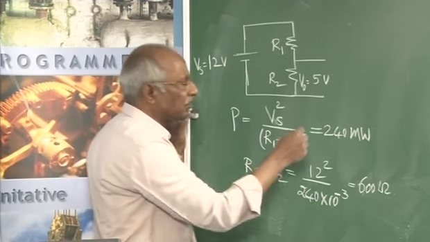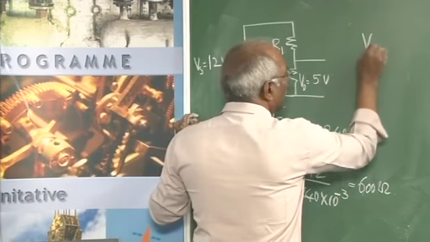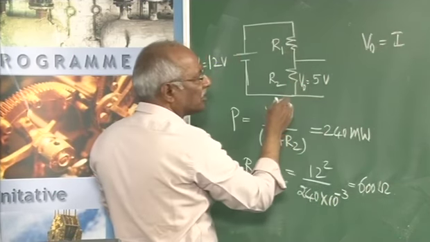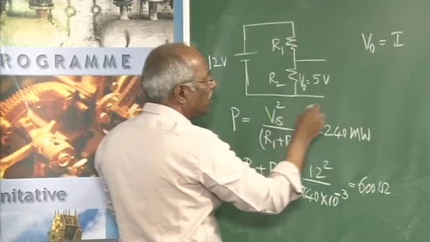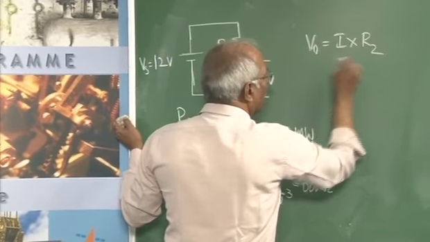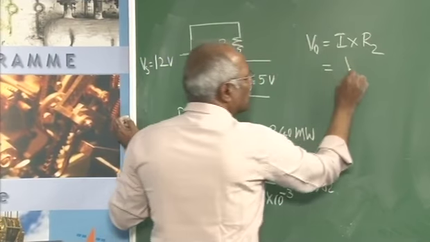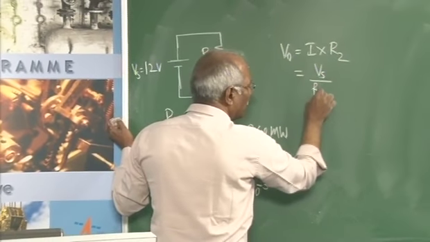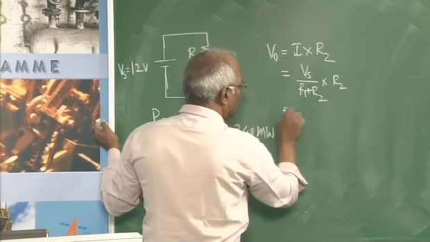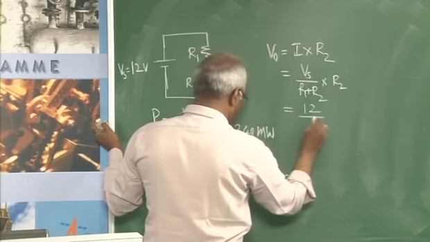In that respect, we know what is R2. This V naught is nothing but equal to the current flowing through this circuit, that is nothing but I into the resistance R2. What is I? It is nothing but Vs over R1 plus R2, into R2. This will be equal to 12 divided by 600, into R2.